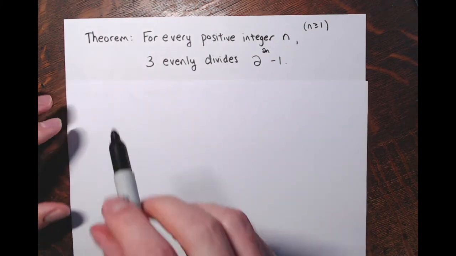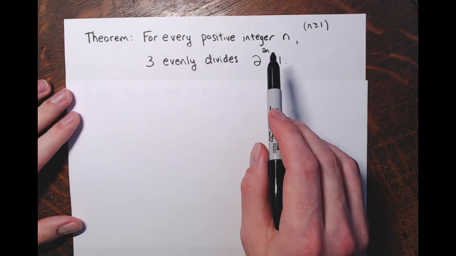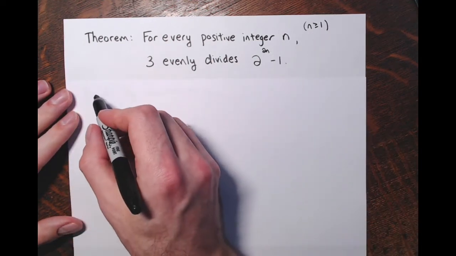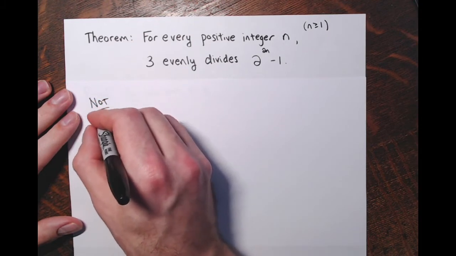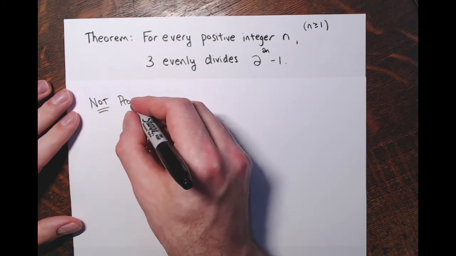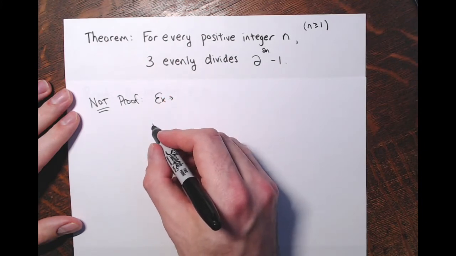That 3 will evenly divide 2 to the 2n power minus 1 for values of n greater than or equal to 1. So again, this is separate. This is not the proof. These are just some examples. So I'll start with n equals 1.